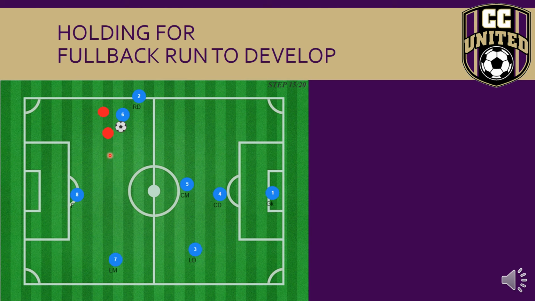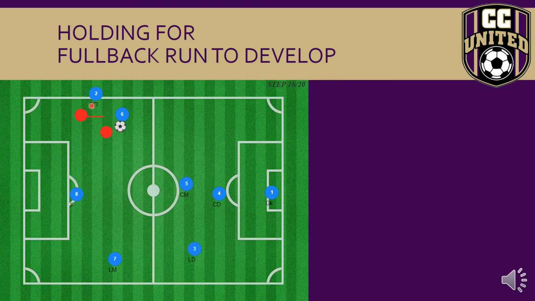If that passing lane is not taken, even when we are 2v1 down, if our outside midfielders develop the ability to dribble for possession and shield and hold the ball, and wait for that fullback to get in behind that outside defender, the fullback is going to go and try and get behind them. It does this. It takes away that second defender.